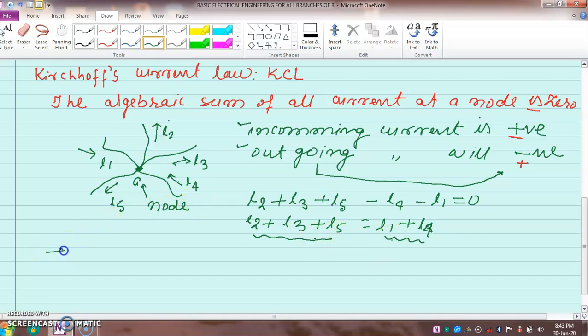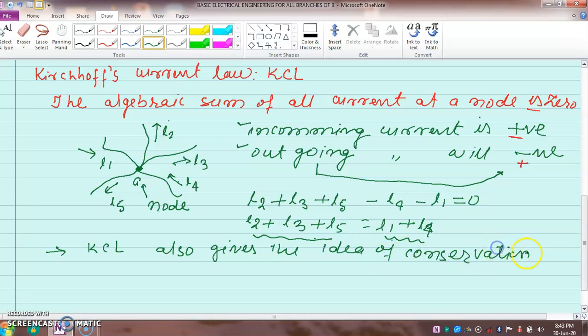This law, Kirchhoff current law, KCL, also gives the idea of conservation of charge. That is, by the application of KCL, conservation of charge is obtained.